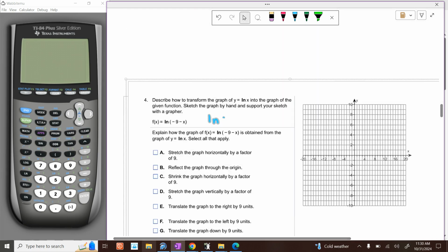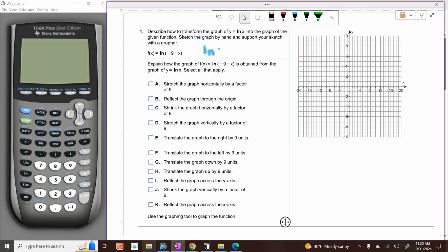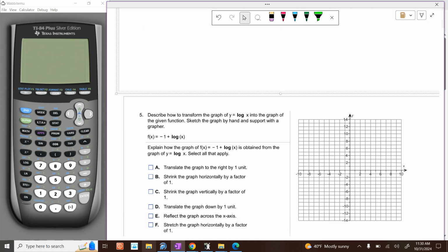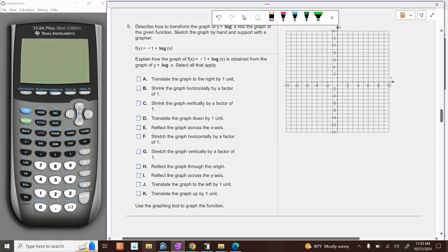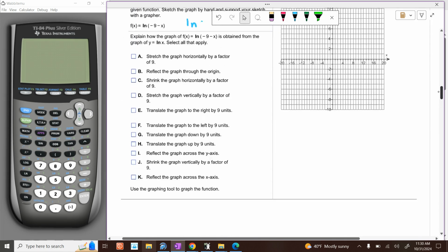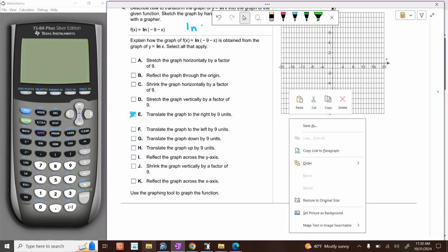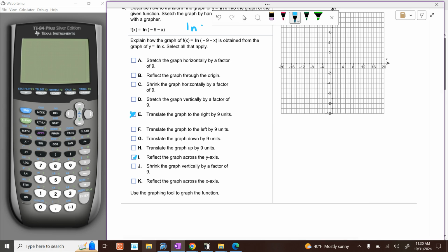You guys are so smart. Now I covered up that piece of paper with another piece of paper. So translate the graph to the right by 9 units. Then you reflect it over the y-axis.